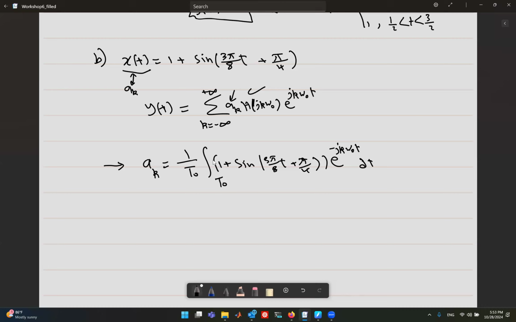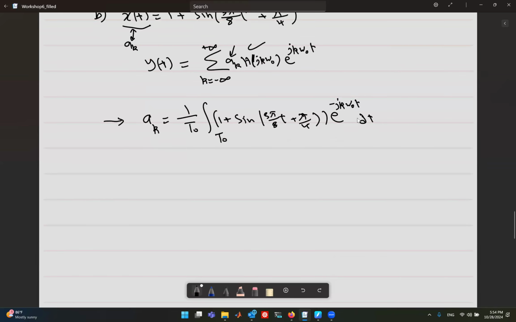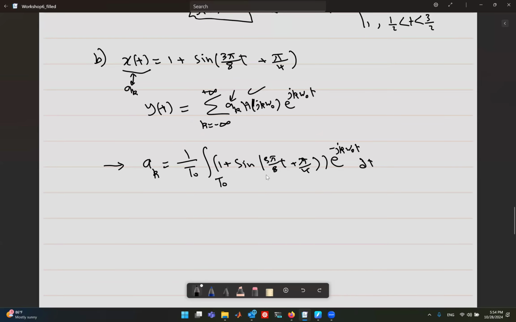Directly apply Euler's formula. Rewrite this in terms of exponentials, and your life will be much easier. You'll reach ak much easier, much faster than this path or route.